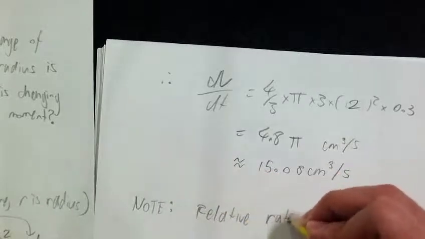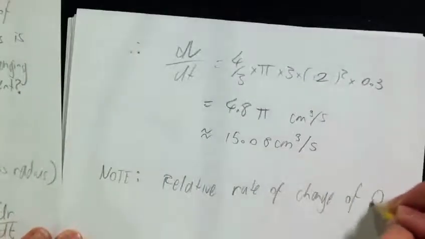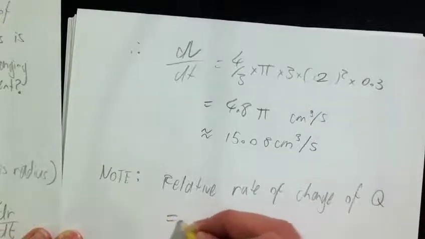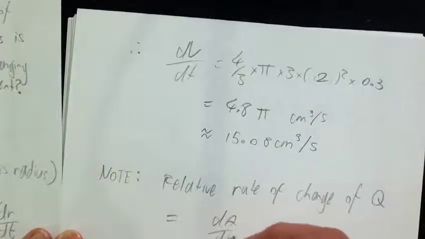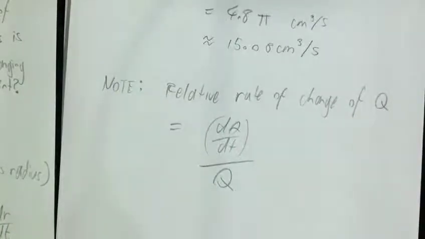Relative rate of change of anything is the change divided by the quantity itself, basically. So that's why the 1 over V and the 1 over A. So it's a little bit like relative errors over in science. It's the change divided by the original. Just in case it ever comes up.